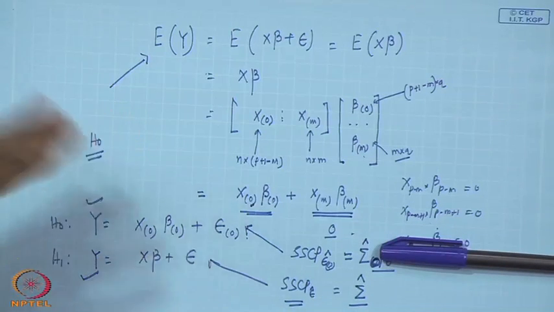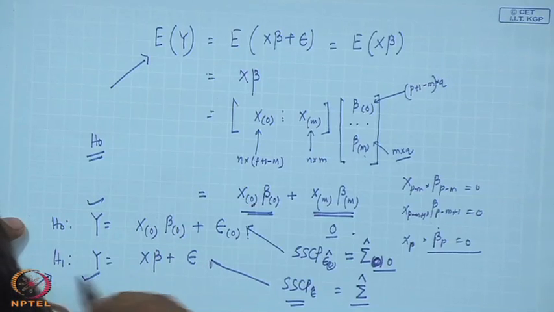On one hand I have taken the total set of independent variables. On the other hand, what have we taken? We have said that H0 is true, that means m variables are not contributing. Getting me? If H0 is true, then the SSCP from the reduced model and SSCP from the full model will be same, the error term will be same.